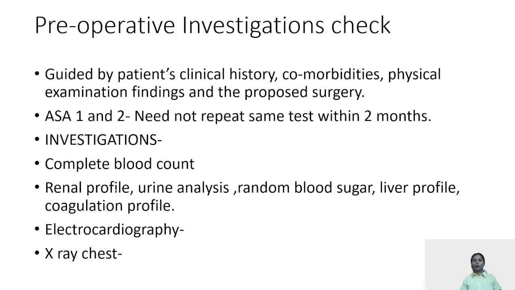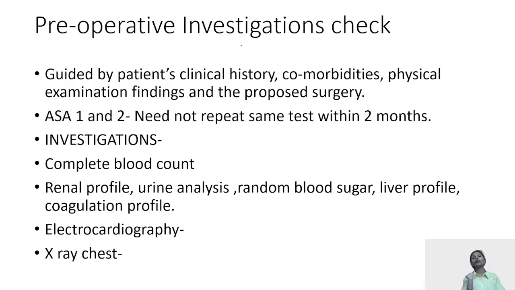Now moving to almost the last part, the pre-operative investigations check. I've already told you this is the era of minimum investigations. They are guided only by history, the comorbidities, the physical status, and the proposed surgery.